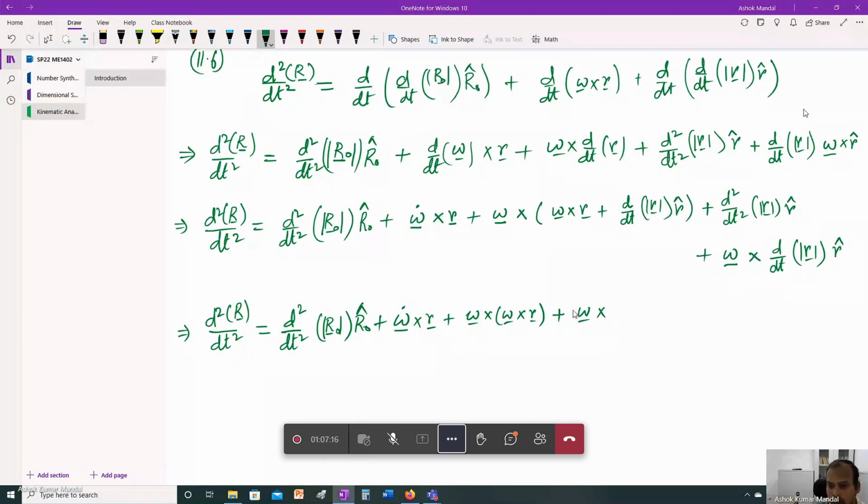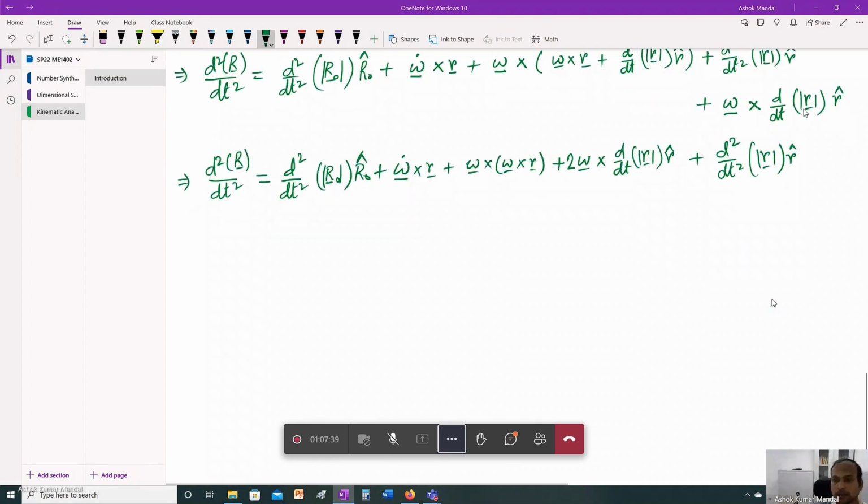So we are just writing 2 into this d/dt of r, right, plus what is left is this quantity. This is in the r direction. All right, we are almost done.